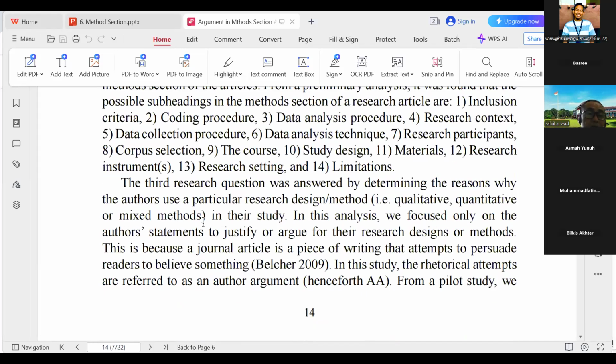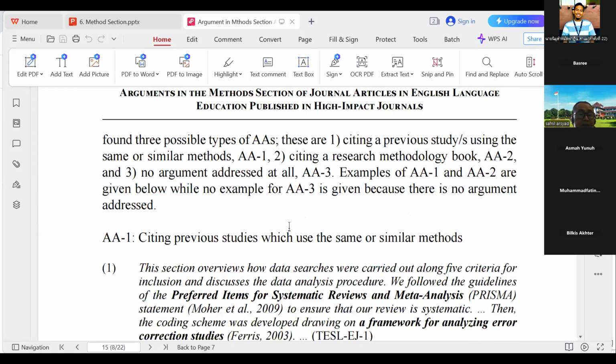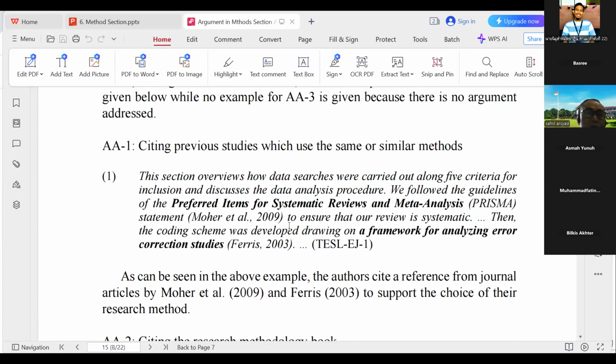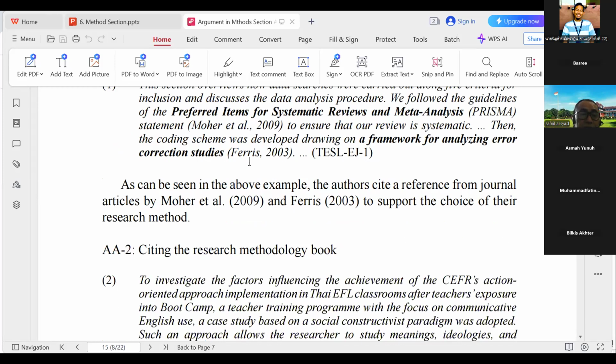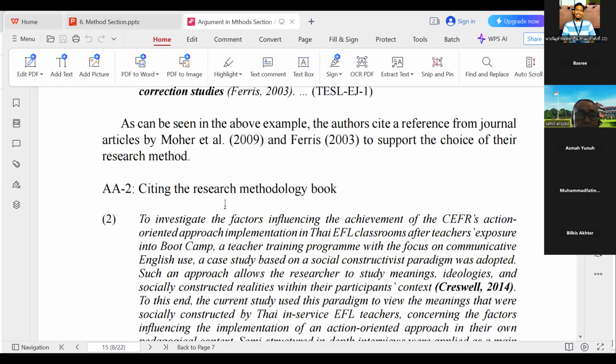And the third question was answered by determining the reason why the authors use a particular research design or method, qualitative, quantitative, or mixed method. And the reasons are three. Number one is citing previous studies, or following previous authors. Number two, citing the research method, by using suggestions in the research method.